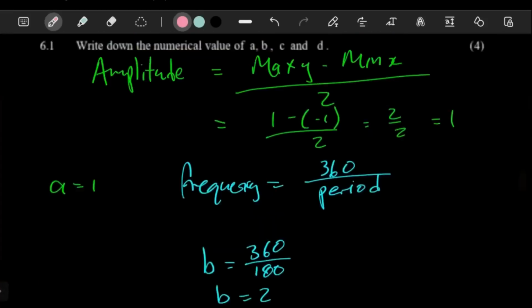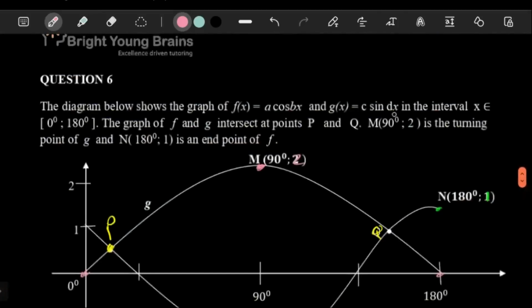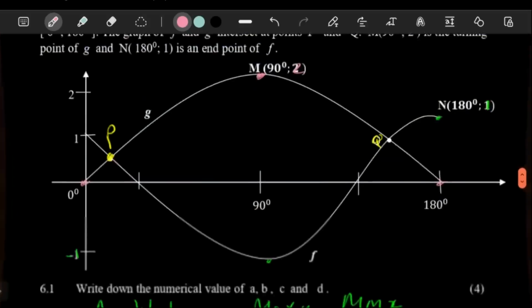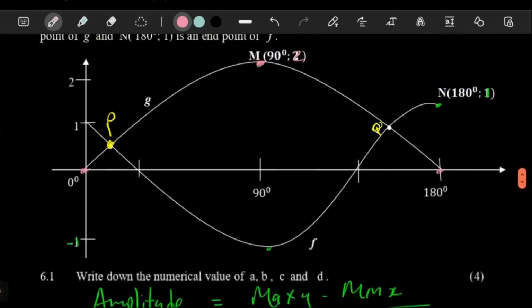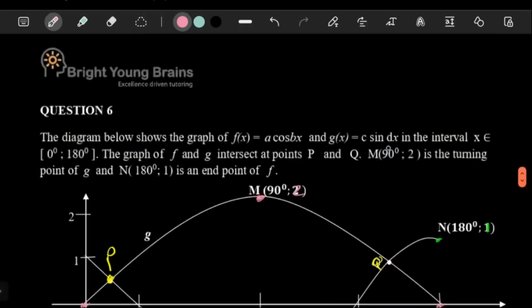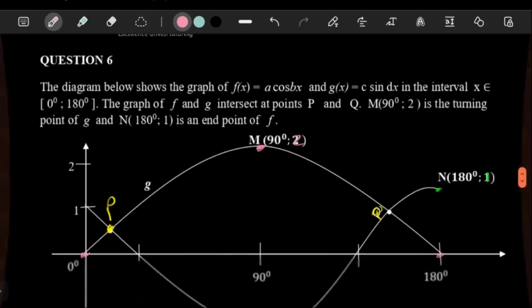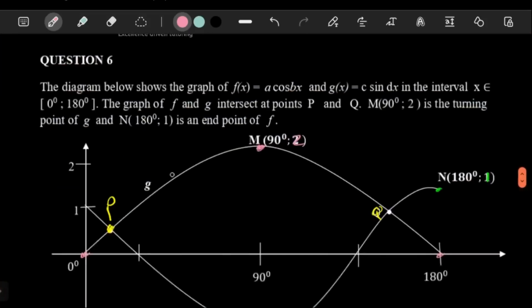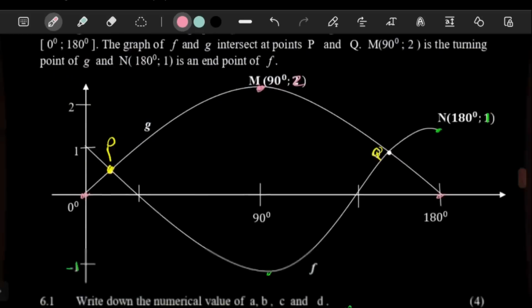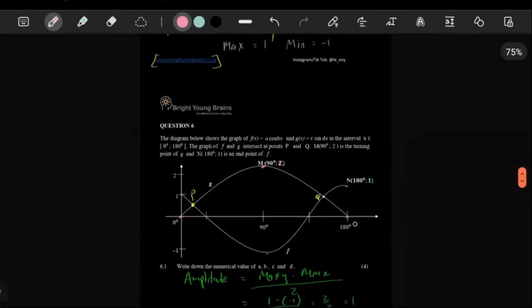D is the frequency also. How many graphs do you see in a space of 360? D is kind of odd, but actually it's not. This is like half a sine graph, because in 180 degrees you have one bell shape, and in another 180 degrees you'd have another one.